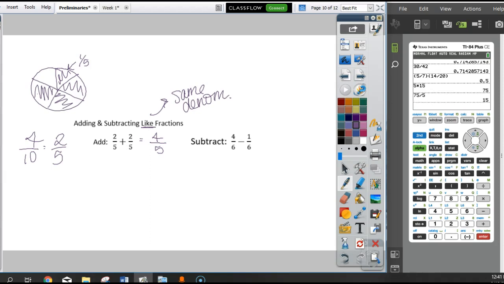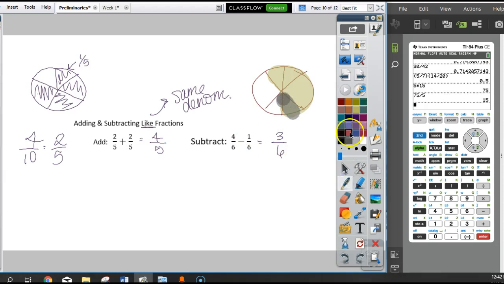Subtracting, so now that you've kind of seen the pattern, hopefully you could see, well, this would give me 3/6. So again, let's look at it in terms of pizza. So we have 6 pieces. So something like that, obviously it's not proportionate. And so we're starting with 4 slices. And we want to take away one of them.